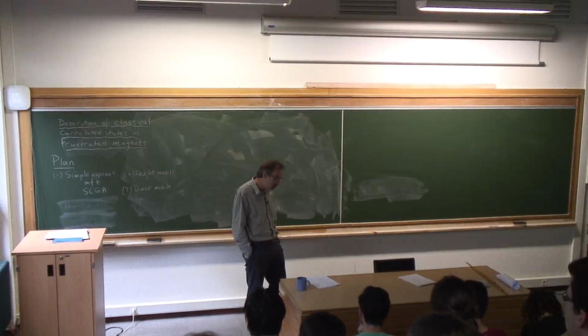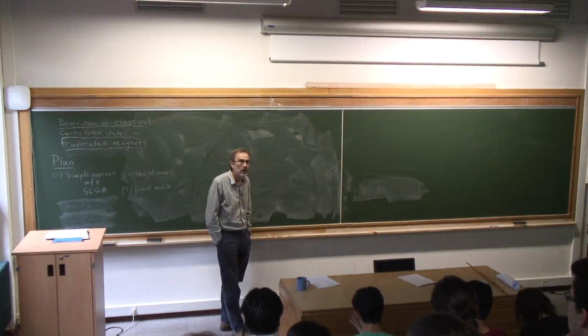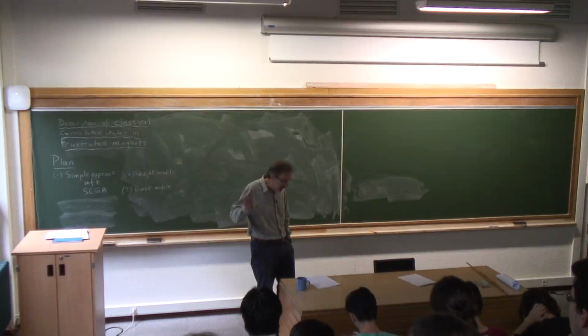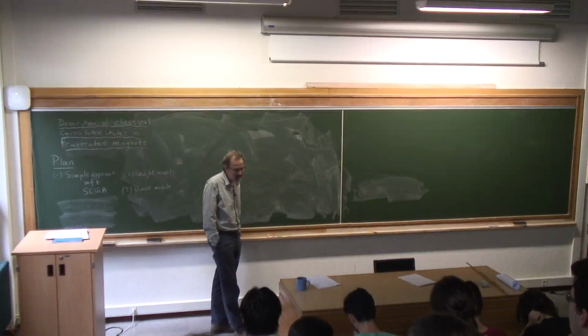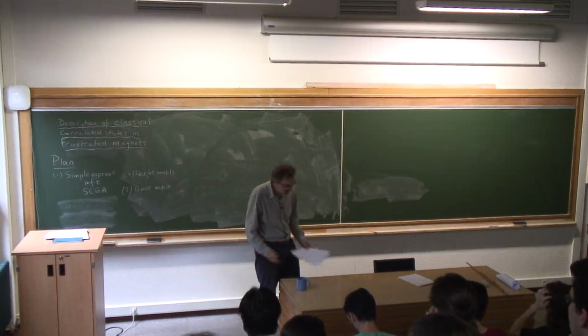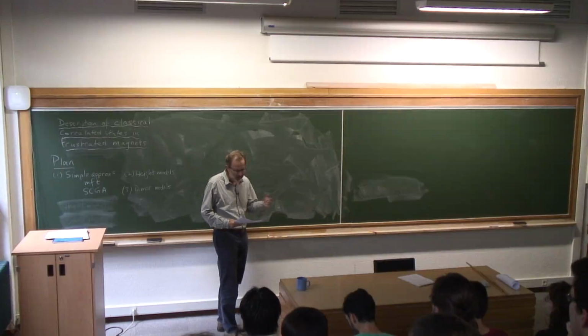And in the third lecture, I'll talk about how the ideas that I'm introducing today and extending in that third lecture help us to understand a class of materials known as spin ices, which have some very interesting phenomena.